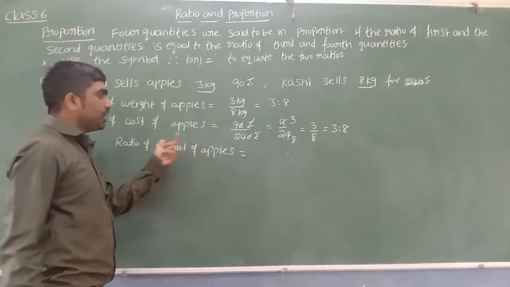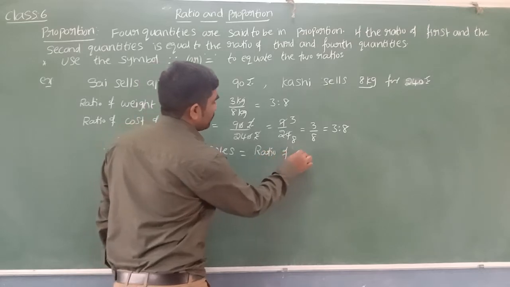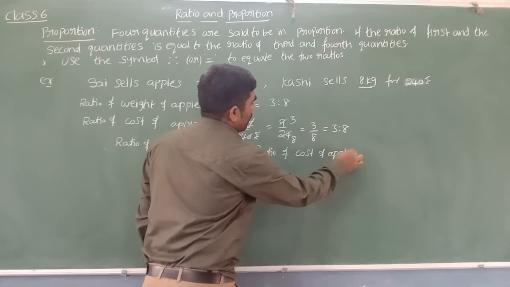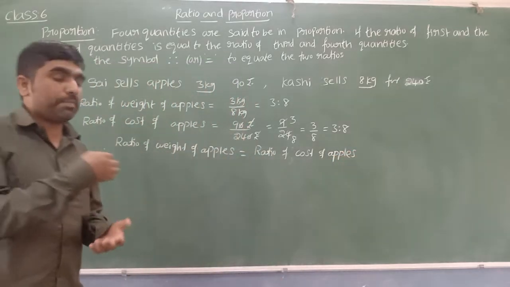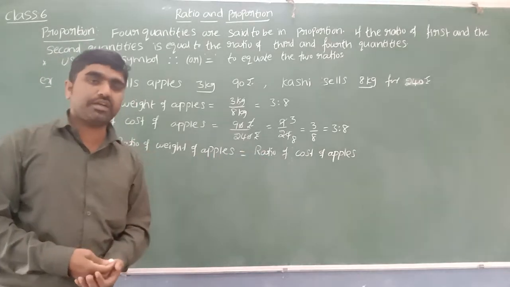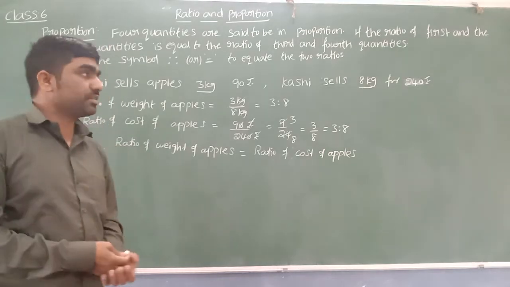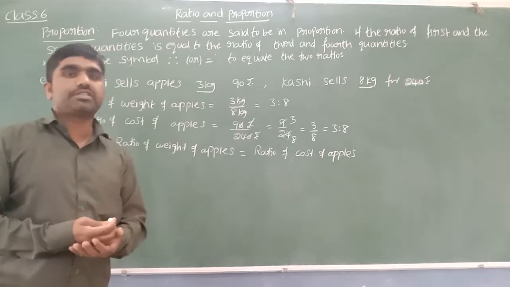It means the ratio of the weight of apples equals the ratio of the cost of apples. From this, what can we conclude? Whose apples are more expensive? Both are the same. Both the apples sold by Sai and Kashi are at the same cost.